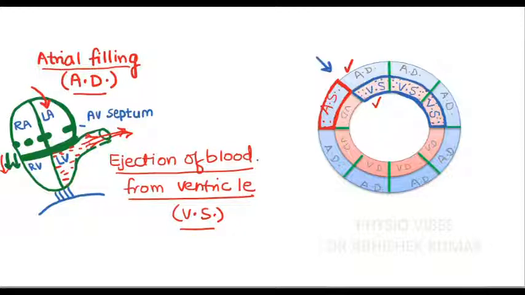So the ventricle keeps on contracting for 0.3 seconds, as we can see. So the ventricular systole lasts for 0.3 seconds.